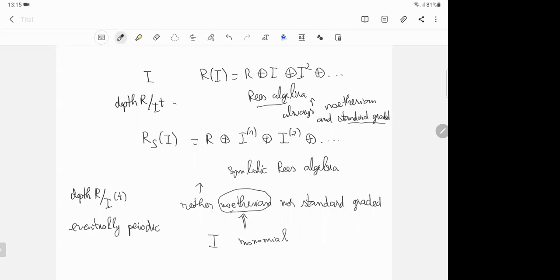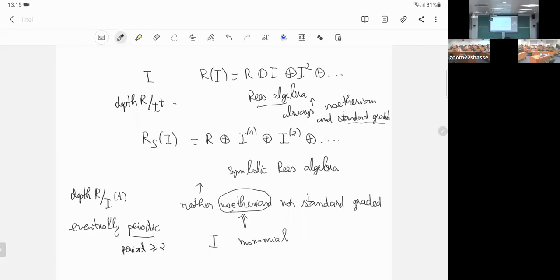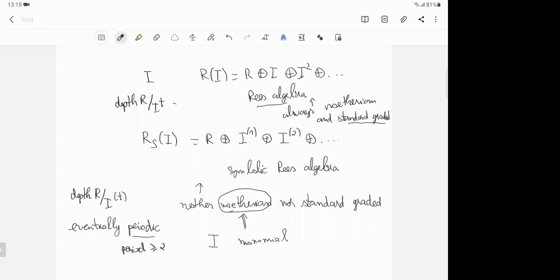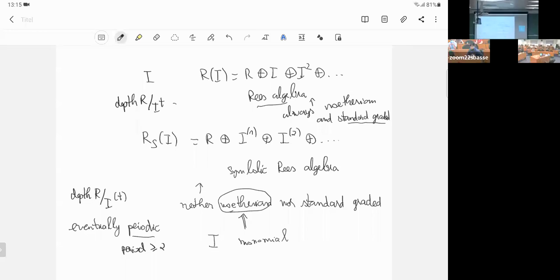But here the period can be larger than 1, and that's why we have periodicity.